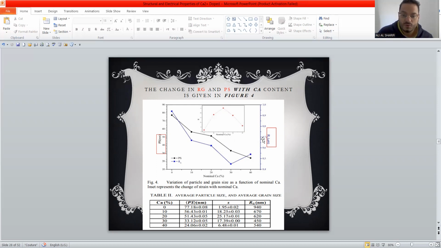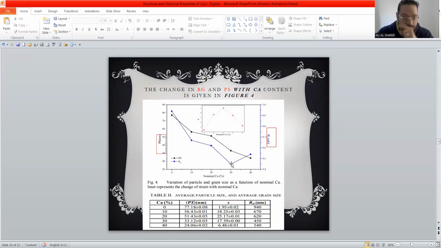The same thing for grain size at blue. This started at 0 with more than 80 nanometer. At blue, more than 80. After that at 10% less than 50.